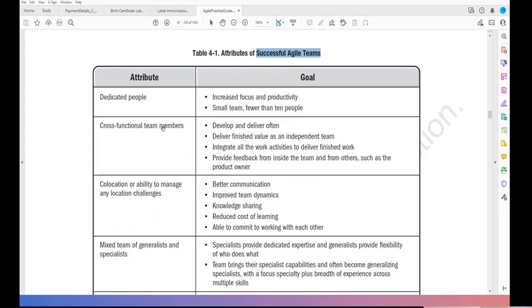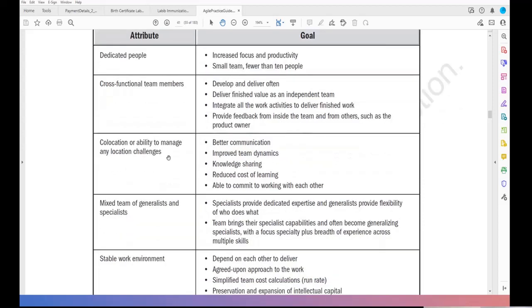Then cross-functional team members develop and deliver often, deliver finished value as an independent team, integrate all the work activities to deliver finished work, and provide feedback. Then co-location or ability to manage any location challenges.